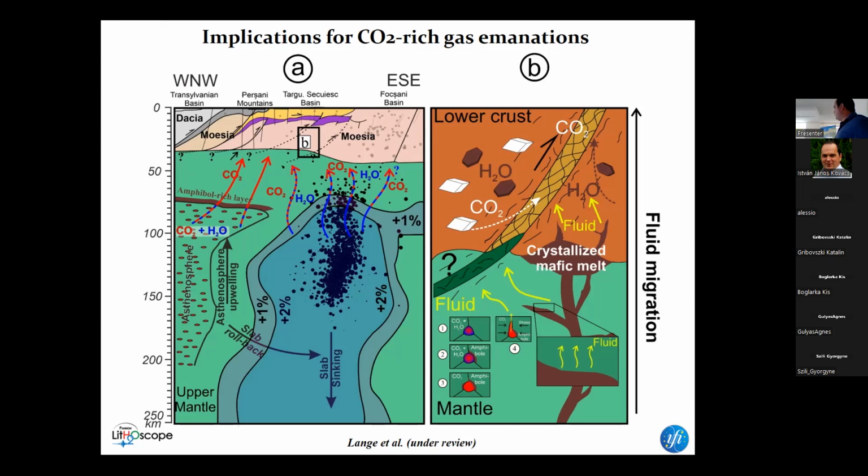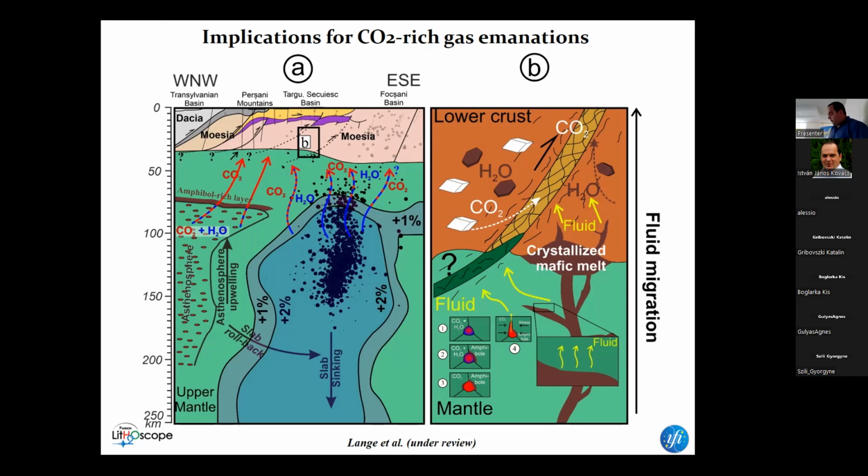Of course, we have one player, the asthenosphere, as I just explained, but in the Vrancea zone, we also had another player, the Vrancea seismogenic body, where probably we have dehydration and decarbonization of metasomatic materials. And these fluids then come to the surface along the Eastern Carpathians, even in areas where we don't have active volcanism at all. Even in the past, we didn't have any.